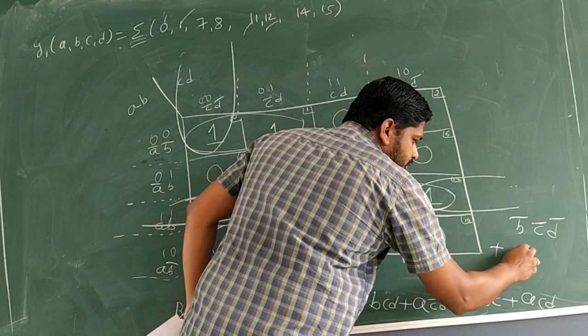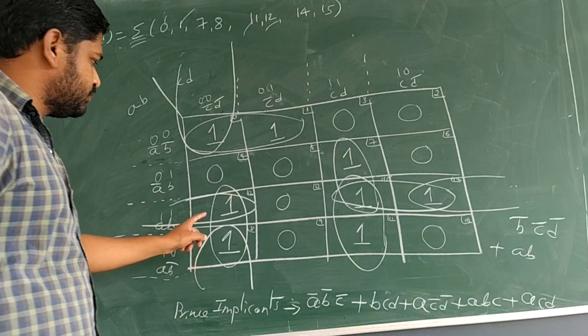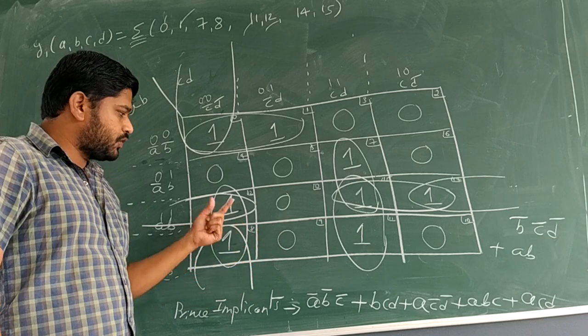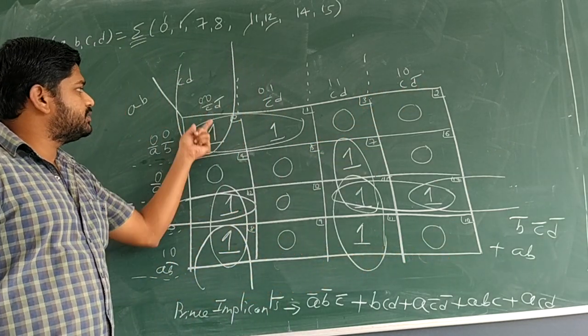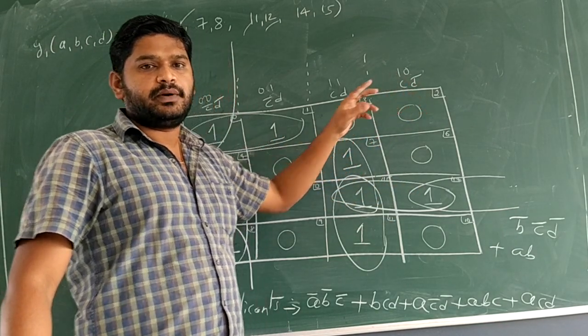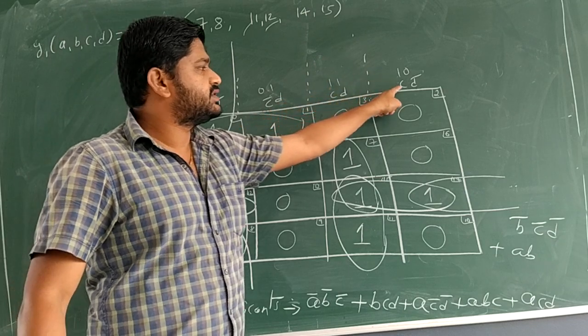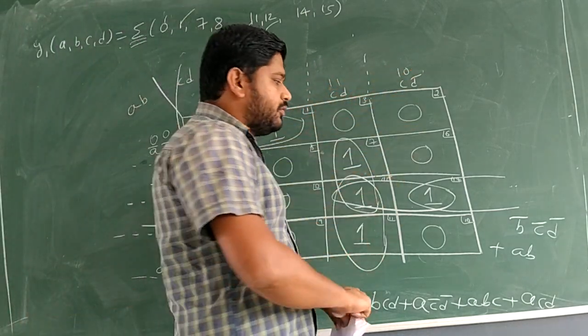Why AB? There is no other row to compare. But what about the columns? First column and fourth column. First column is C complement, D complement. Fourth column is C with D complement. C complement, C neglect. D complement, D complement.